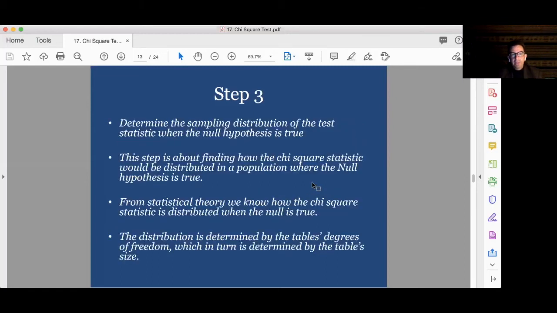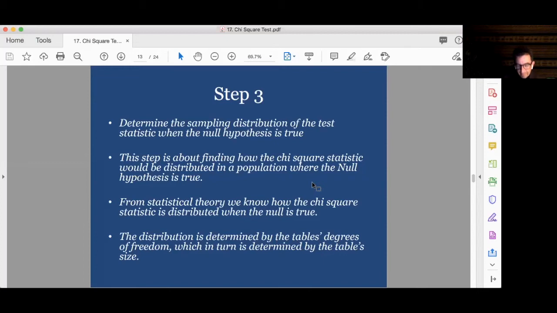In step 3, we are determining the sampling distribution of the test statistic when the null hypothesis is true, right? When the null is true, that is when there is no relationship, what does the distribution of chi-square statistics look like?